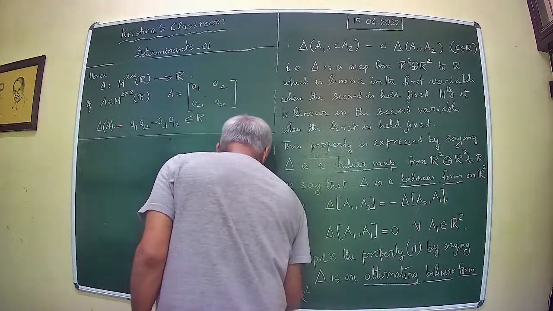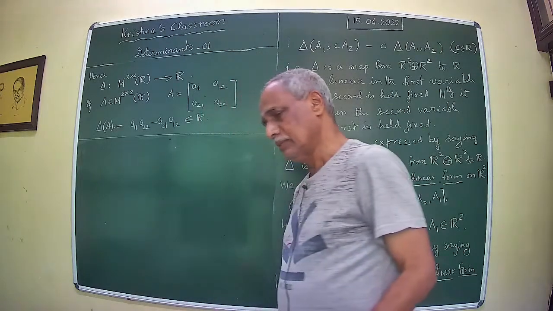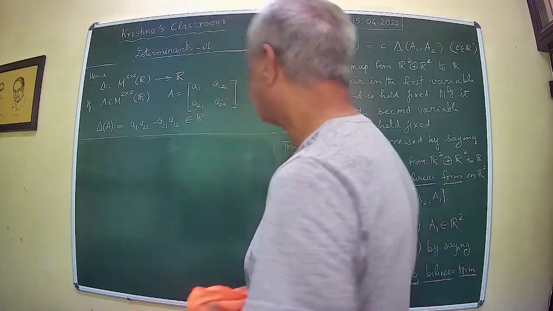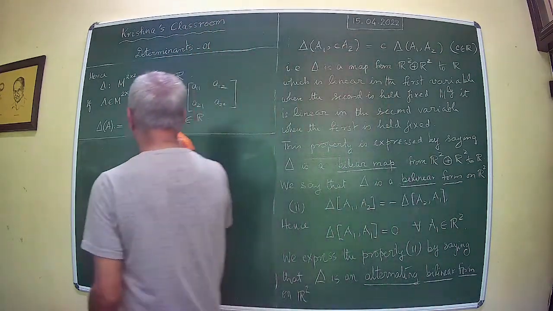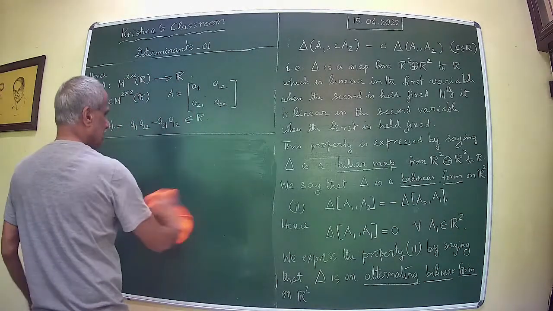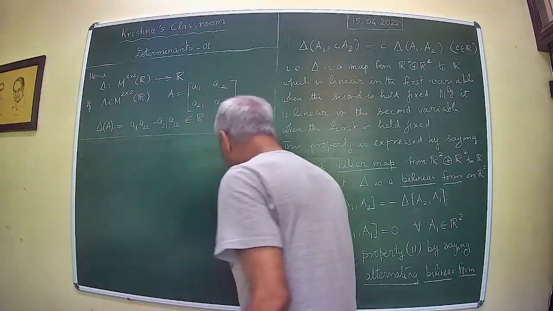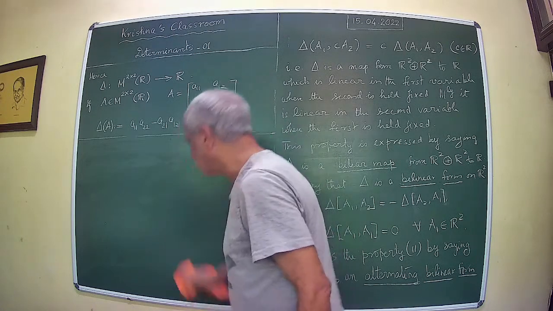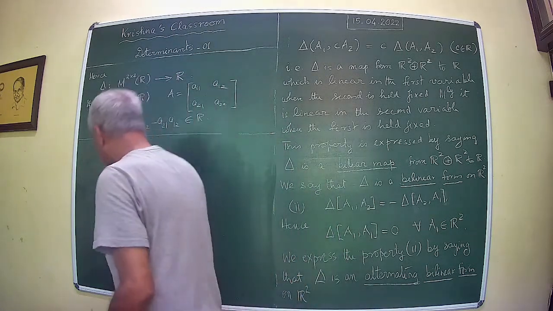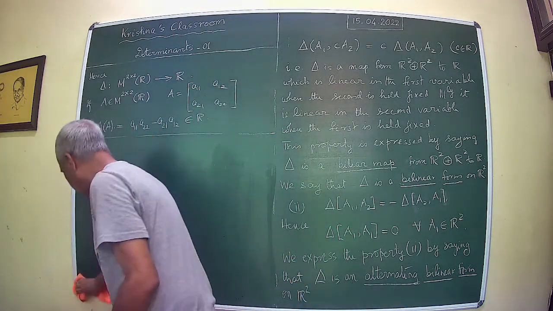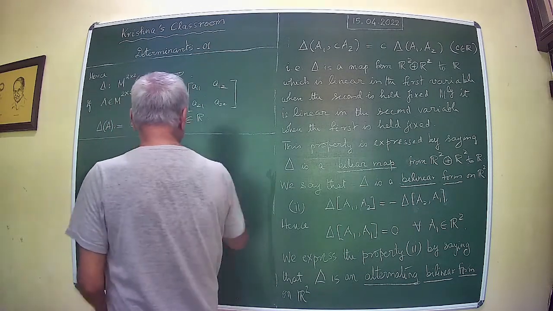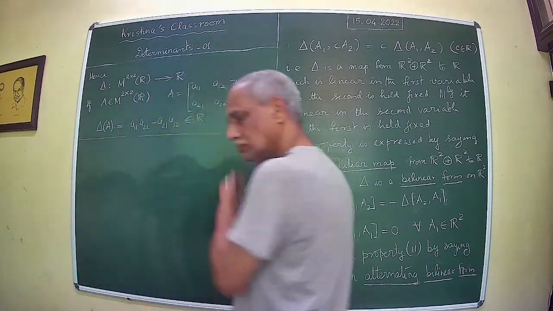Now what we look at is, as it is conventional in mathematical analysis, that we are used to looking at all sorts of alternating bilinear forms on R2.